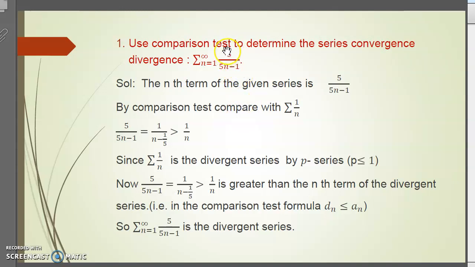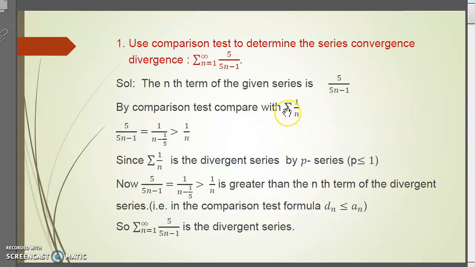You take the highest power of n in the numerator and the highest power of n in the denominator. Here in the numerator there is no n term, so you take the numerator as 1, and in the denominator the highest power is n, only n, so 1 over n. So you compare the given series with the summation 1 over n.